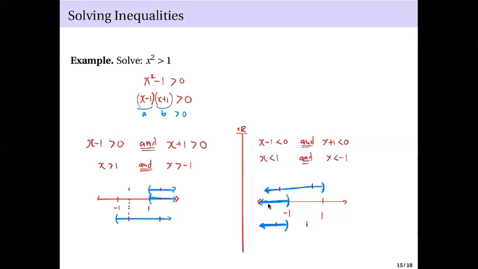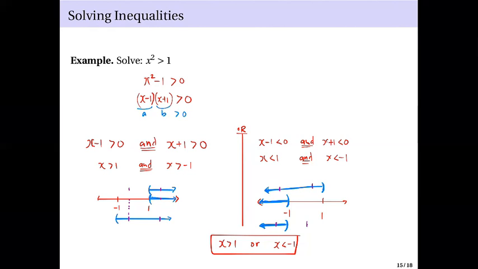Therefore, our final answer would be the following: x greater than 1 or x less than -1. So this is the inequality notation for the solution of this inequality x squared greater than 1.